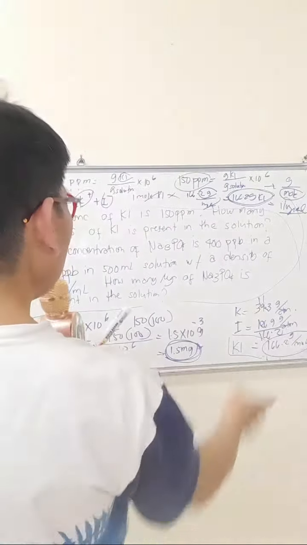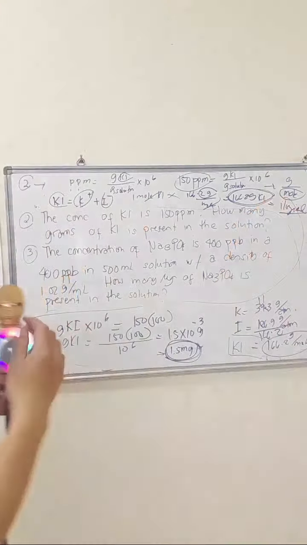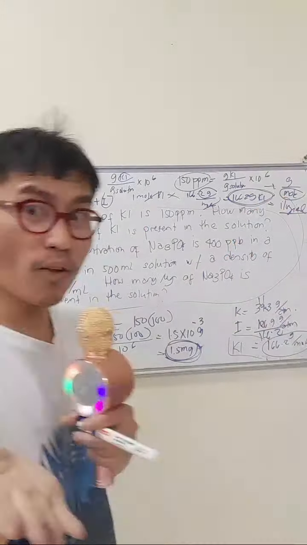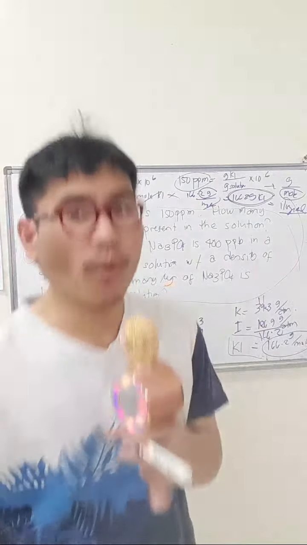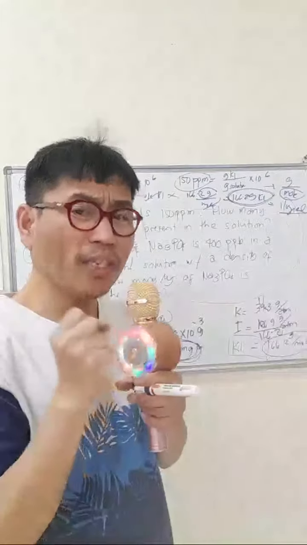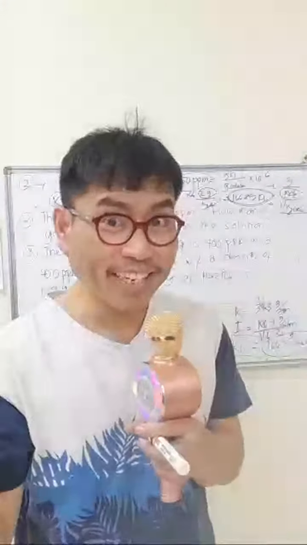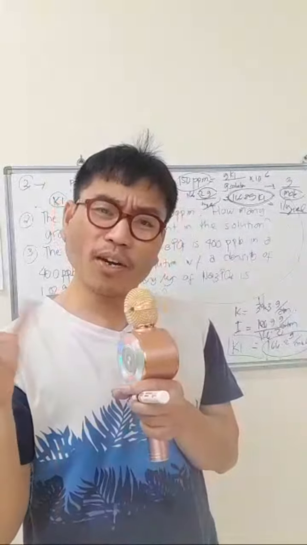And now, option number 3, we will use the 166.2 grams potassium iodide, and then we need to compute the grams of solution. And then later, we will come back to compute for the grams of solute. It's just because to incorporate the 150 ppm, and we will go back to compute for the grams of potassium iodide. It's also a little bit logical.